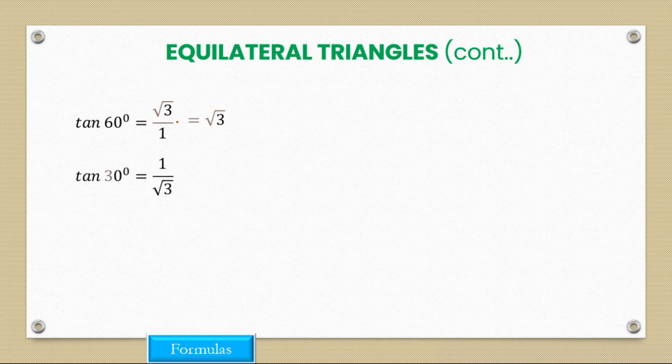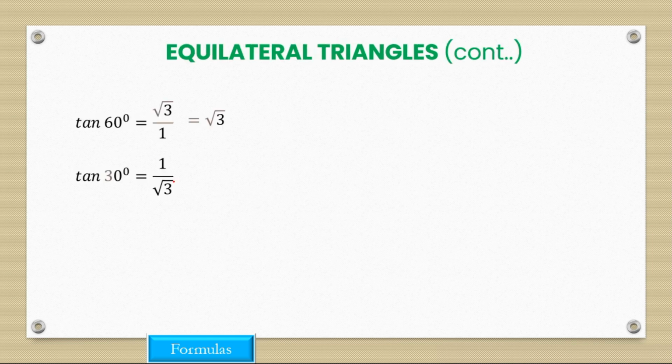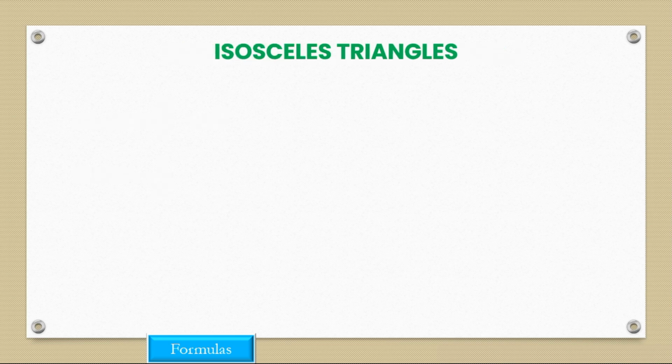Then we also have tan 30 as being 1 over root 3. Remember that the opposite of the angle 30 was 1, and its adjacent was root 3, which means opposite over adjacent. That's why we have tan 30 as being equal to 1 over root 3. So I encourage you to also memorize these. This will be helpful in future calculations. Alright, so let's move on from there.